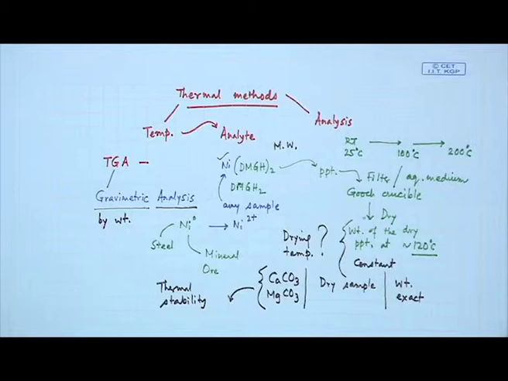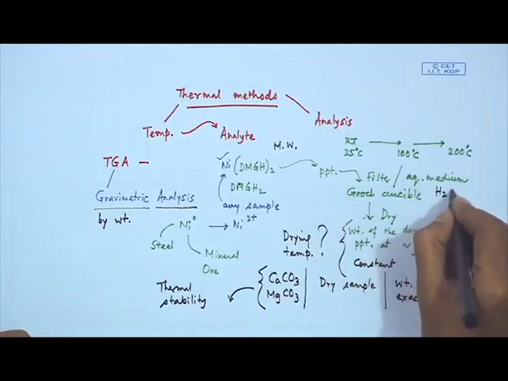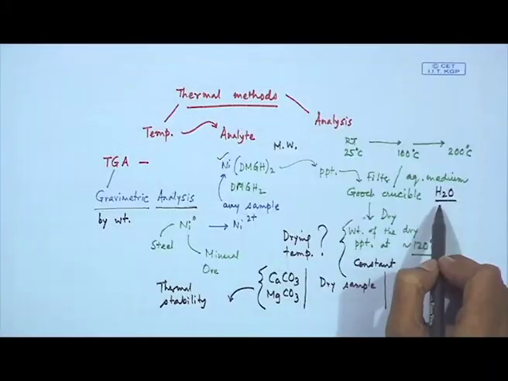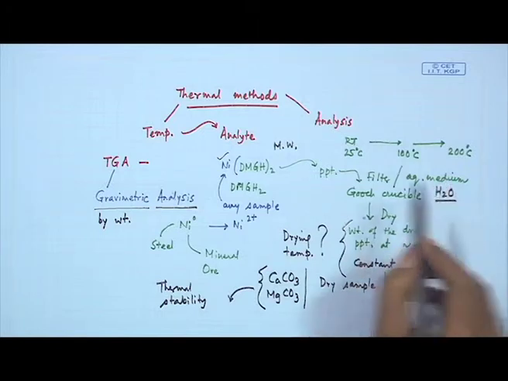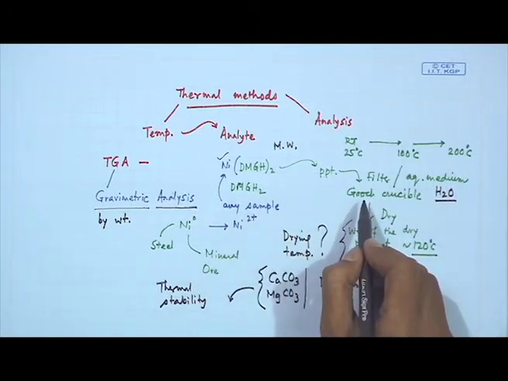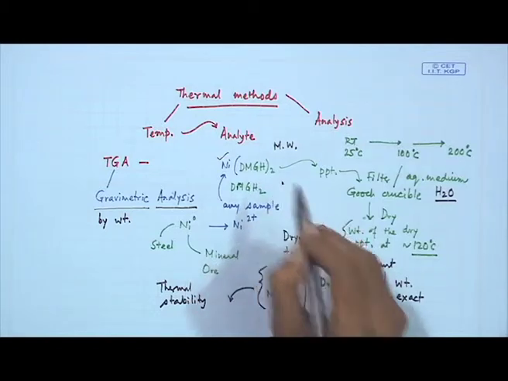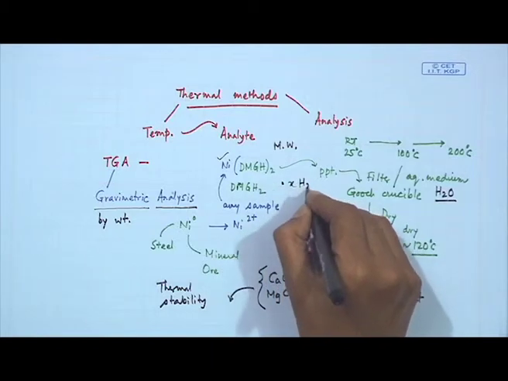So, what was there? We have trapped water molecules inside this precipitate. The rose red colored precipitate has trapped water molecules, so we have to remove them. Initially when the precipitate was there, some adsorbed water is there, and not necessarily water of crystallization.